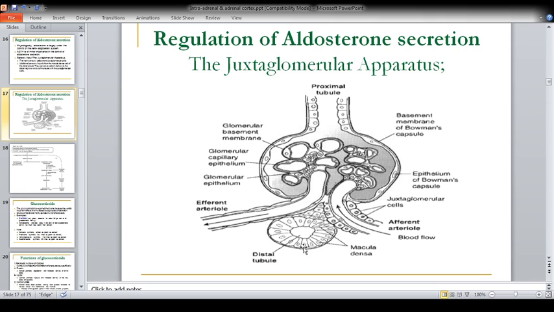Then there are these macula densa cells which would detect the sodium concentration going towards the distal tubule, and release the factors which would then act on the suprarenal gland. So this is how the juxtaglomerular apparatus looks.